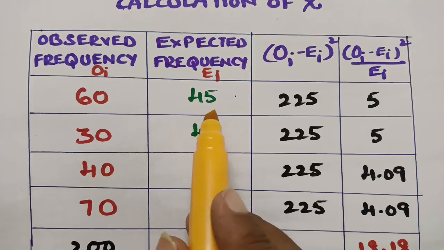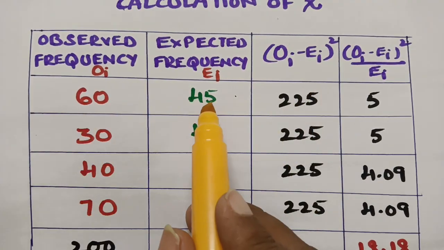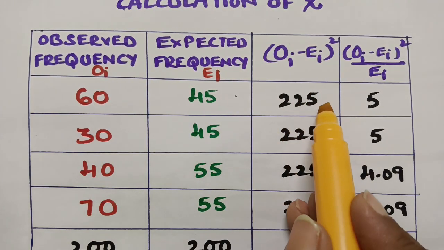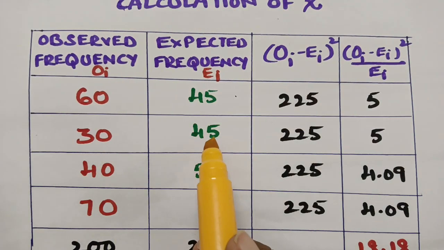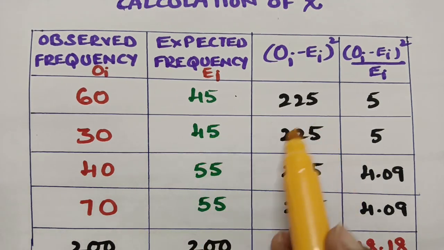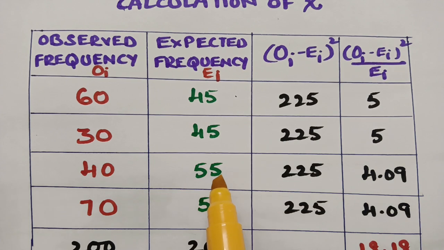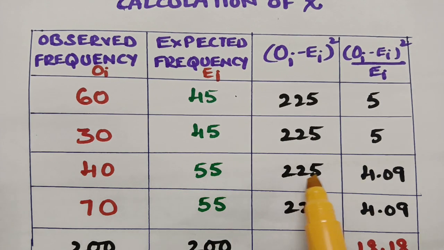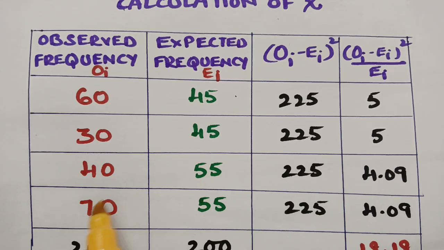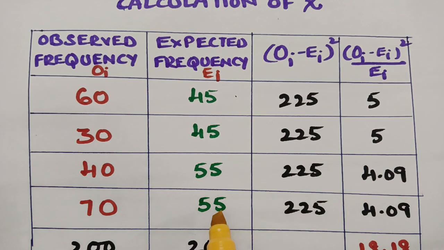And now we have to make a difference and make a square. 60 minus 45 is 15. 15 square is 225. 30 minus 45 is minus 15, whole square is 225. 40 minus 55 is minus 15, whole square is 225, and 70 minus 55, that is 15, which is equal to 225.